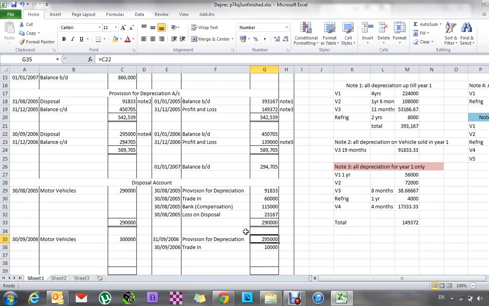That means it was worth 290 taken away from 300. It was worth 5, so that means we got 10 grand for it. I made a profit of 5. So that's the profit. So that adds up to 305. Okay, that's the end of that.